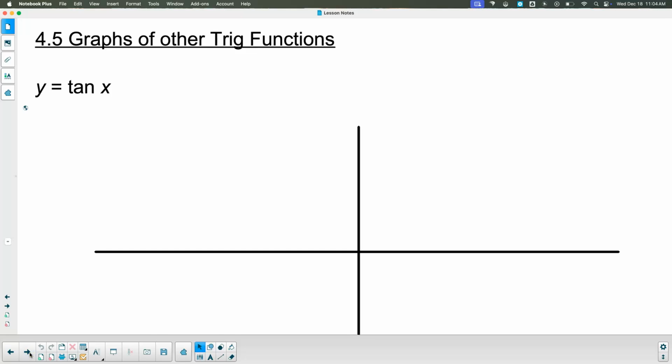Let's graph tangent. So if I want to graph tangent, I should probably know some things about tangent. First off, what is tangent? What are other ways to describe tangent? Tangent is also sine over cosine.